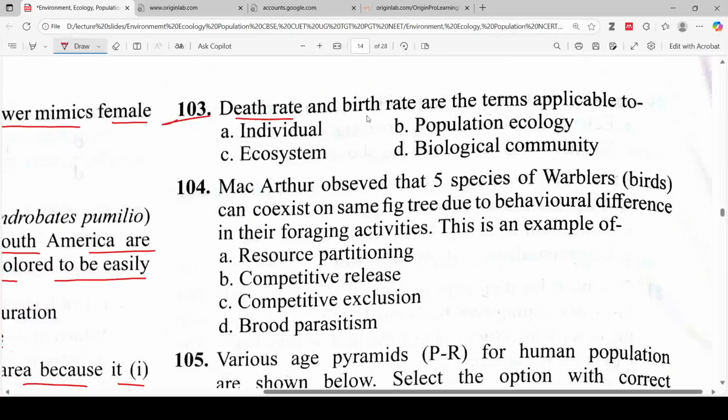Death rate and birth rate are terms applicable to individual, ecosystem, population, ecology, or biological community. So the correct answer will be population ecology. Next question. MacArthur observed that 5 species of warblers can coexist on the same fig tree due to behavioral differences in their foraging activities.